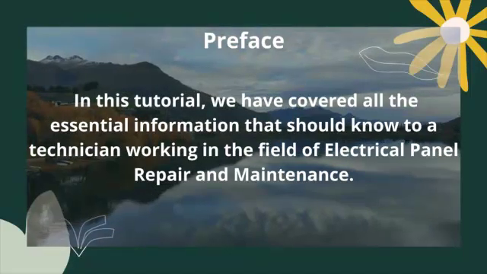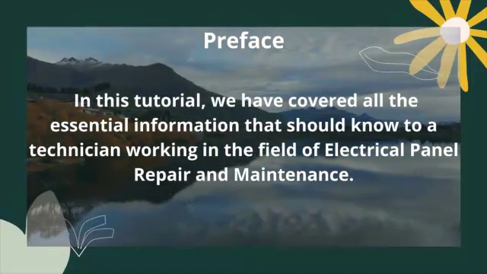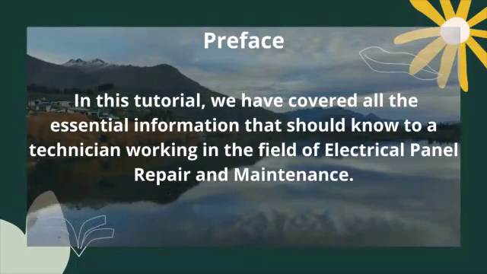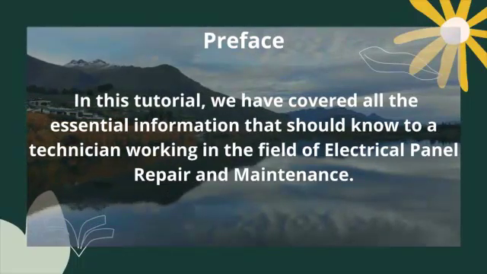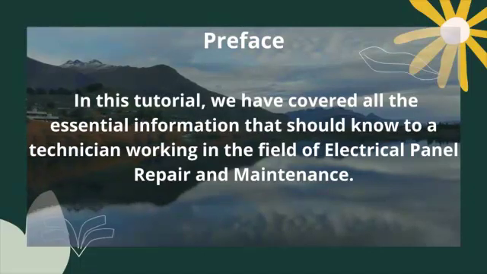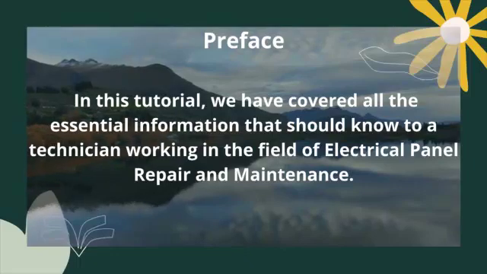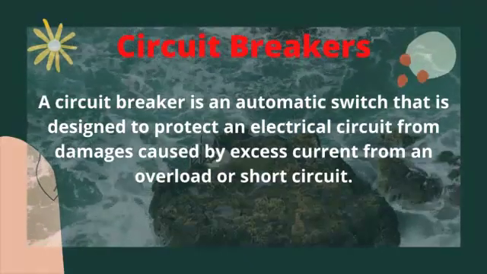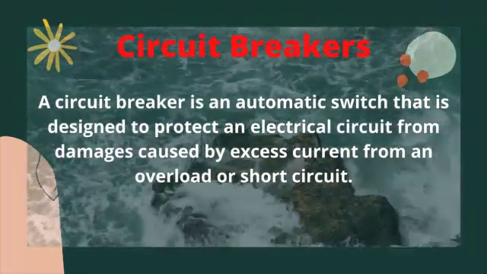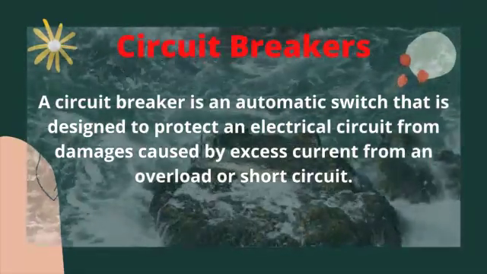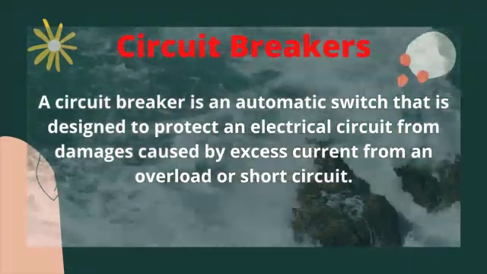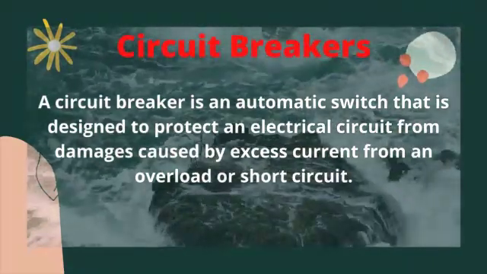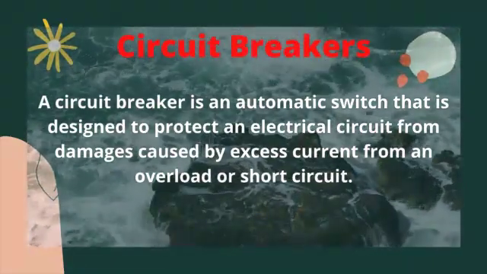In this tutorial, we have covered all the essential information that a technician working in the field of electrical panel repair and maintenance should know. A circuit breaker is an automatic switch that is designed to protect an electrical circuit from damage caused by excess current from an overload or short circuit.